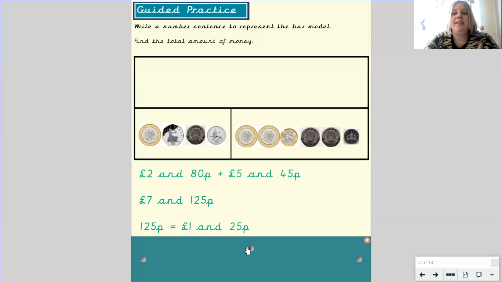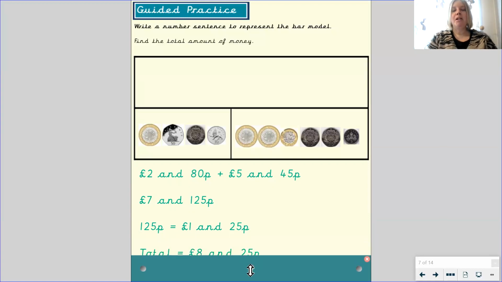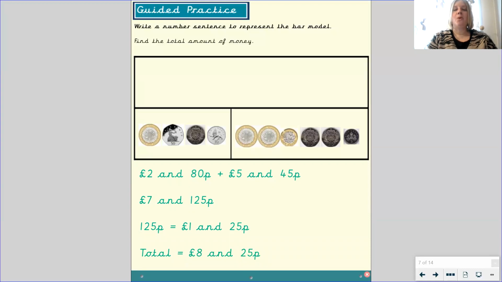Can you add these together for me? Pause your video and have a go. Let's see how we got on. Let's see how much money there was all together. So I've added my pounds: £7 add £1 equals £8.